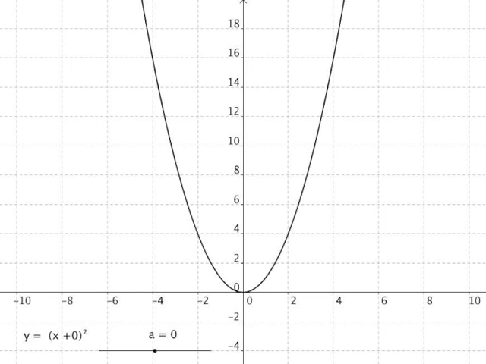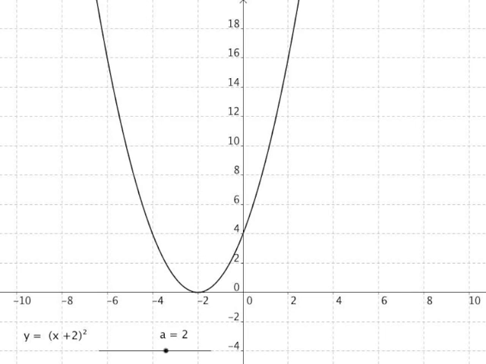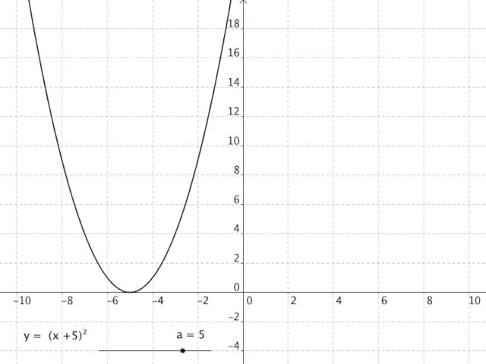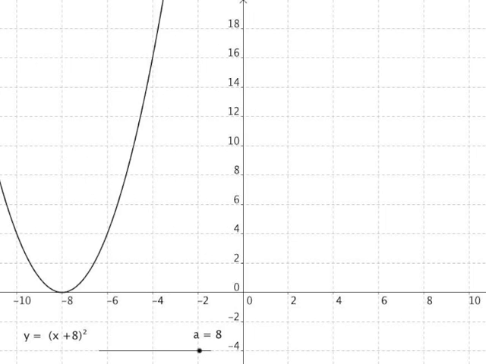At the moment the value of a is obviously 0, but I've got a slider which I can use to change the value of a. So let's have a look at what happens when I change it. If I increase a, this is what happens to the graph.